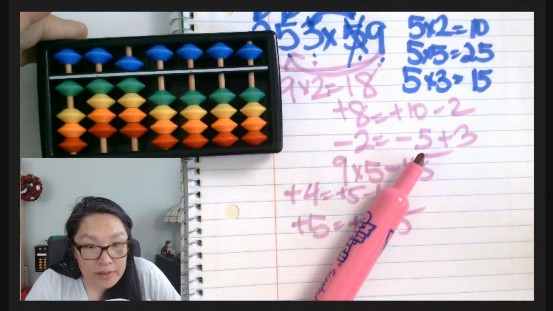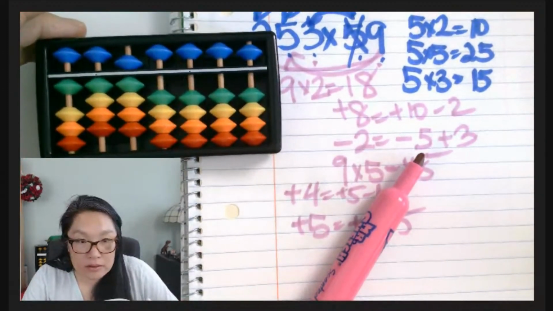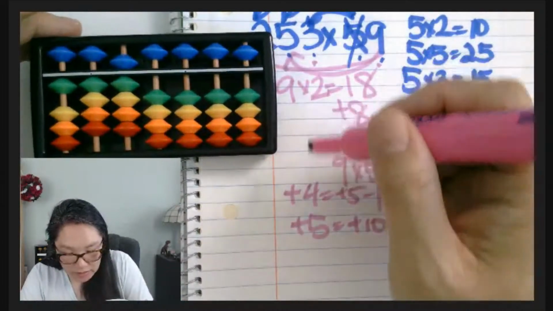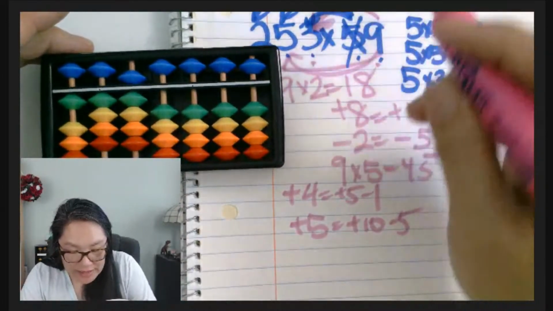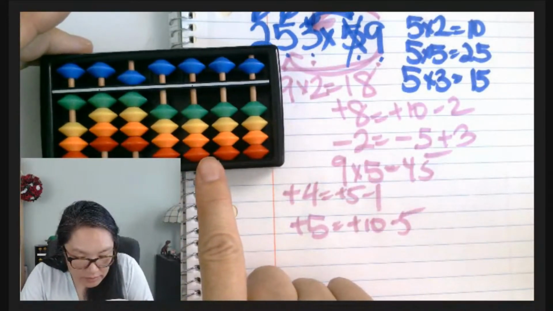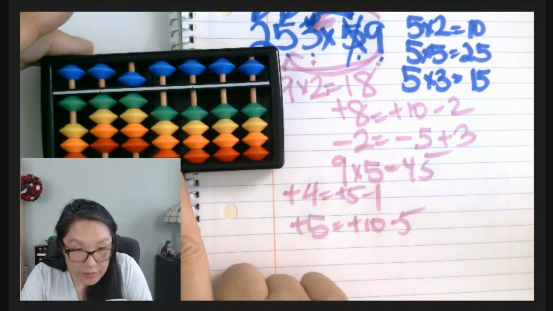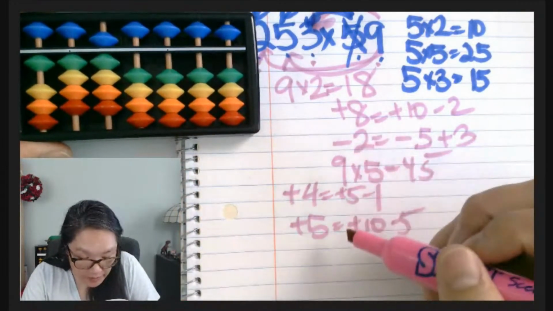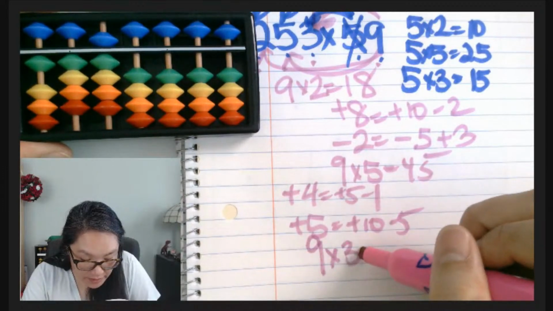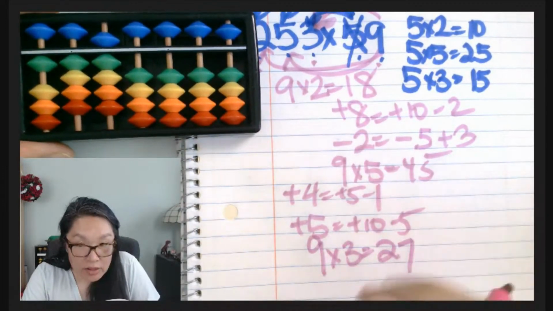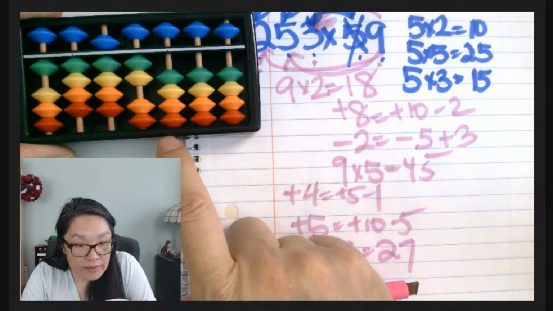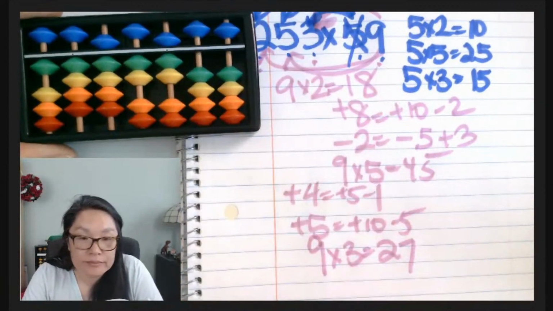Right? And then what do we do? Then we do 9 times 3. 9 times 3 is equal to 27. All I have to do is add 2 and then 7.